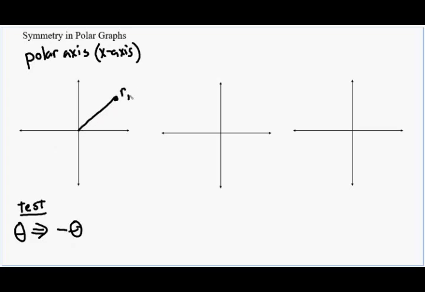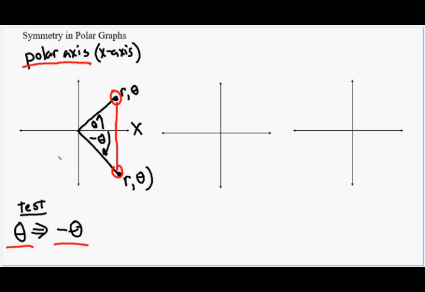This point here would be r comma theta. Here's our angle theta. And if we make angle negative theta, it means we're going to come down here, negative theta, and this point would be r comma negative theta. This is our x-axis. Notice these points would have the same x-coordinate. If we go straight down, the x-coordinate is the same, so we have x-axis symmetry. So again, we're going to replace theta with negative theta and see if it simplifies back. That is our polar axis symmetry.